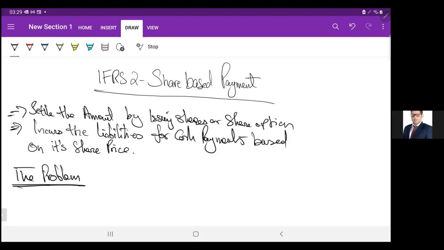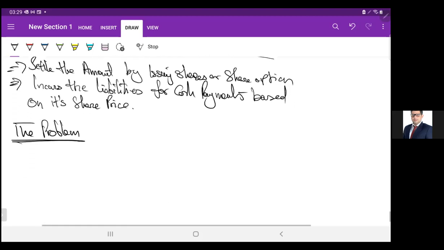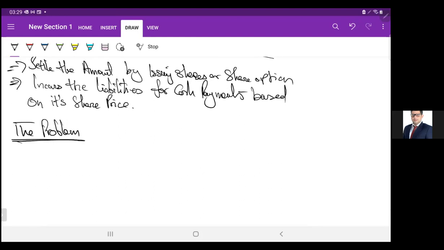So if a company issues shares to employees, a transaction has occurred. The employees have provided a valuable service to the entity in exchange for the share options. It is inconsistent not to recognize this transaction in the financial statements.